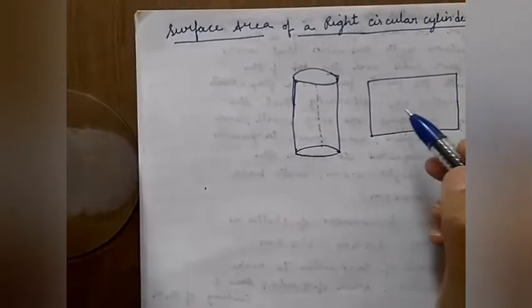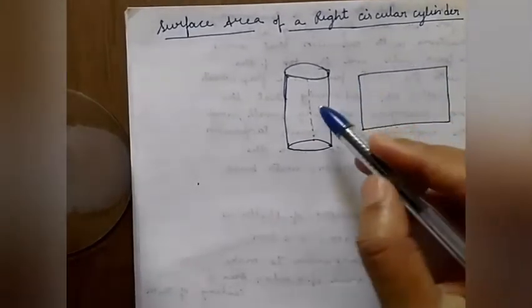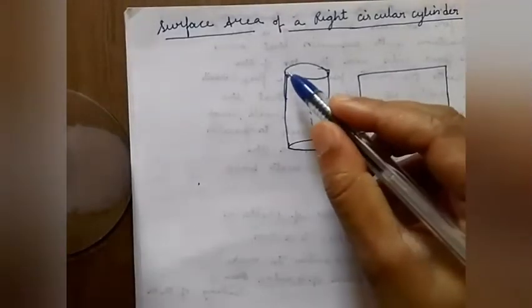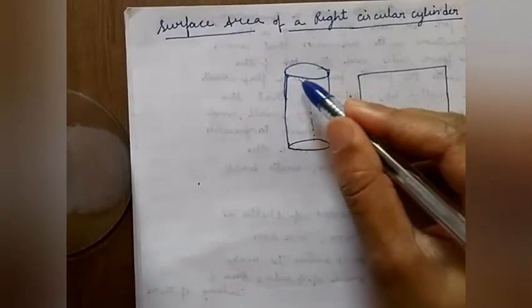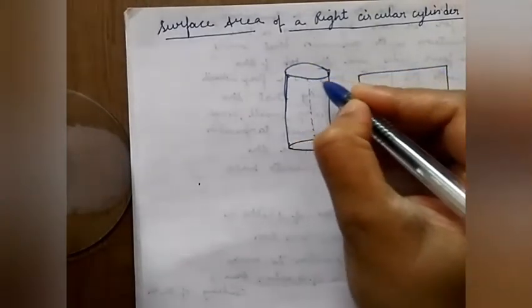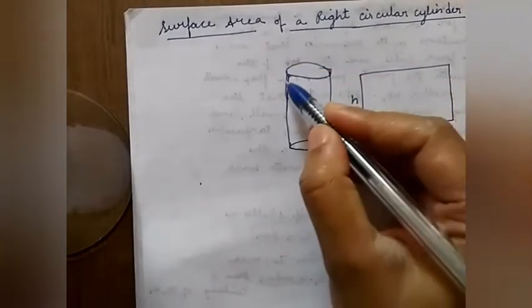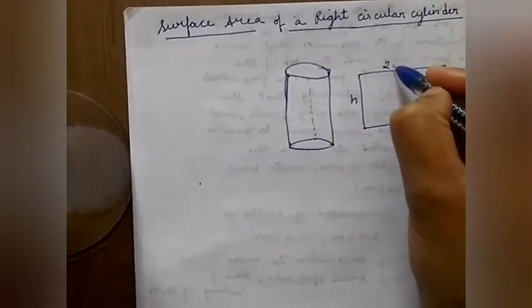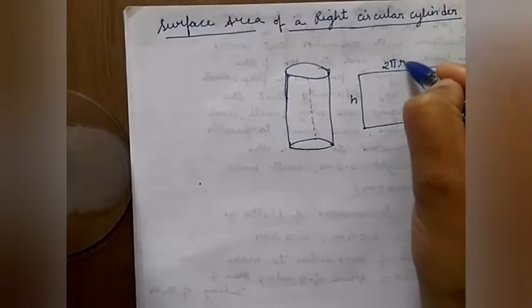Here this is the height of the cylinder, h, and this is the circumference of the circle, which is equal to 2 pi r.